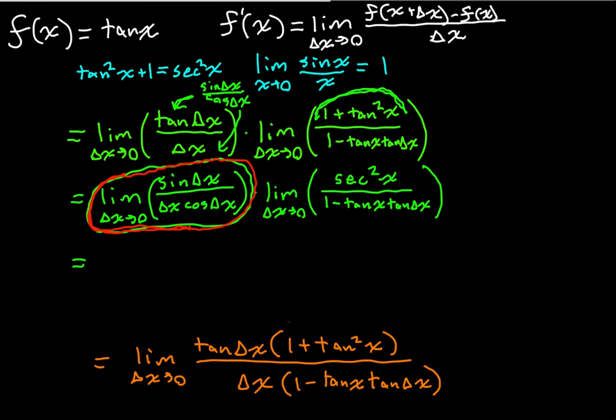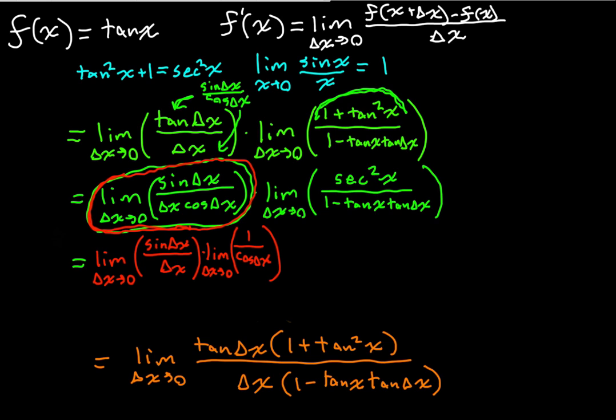And I'm going to say that that's equal to the limit, and this is again just using limit properties that we can separate out factors. This is the limit as delta x goes to 0 of sine of delta x over delta x times the limit of 1 over cosine delta x as delta x goes to 0.